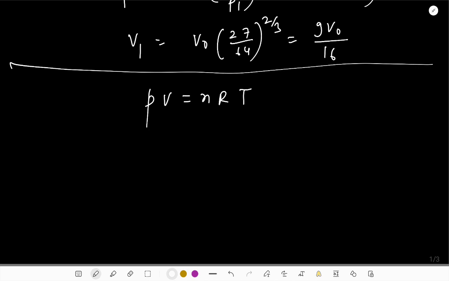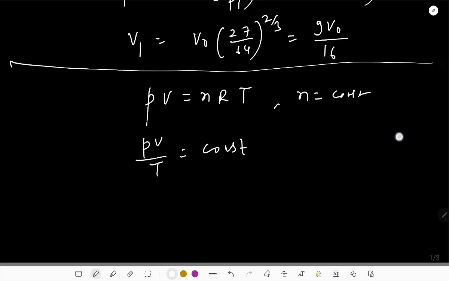They were covered by a piston, adiabatic piston, and that means n remains constant. And n is constant, that means PV upon T is a constant in this process.